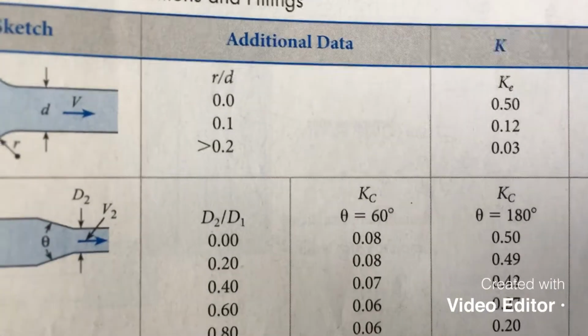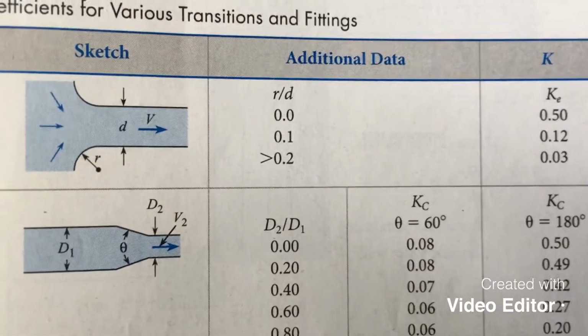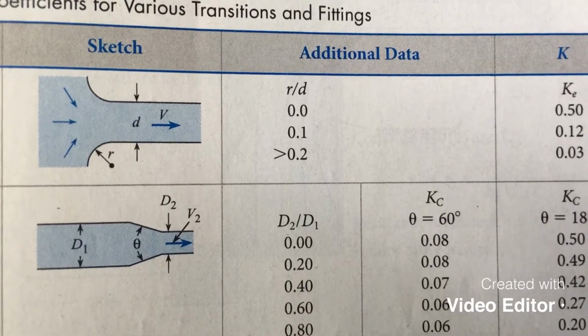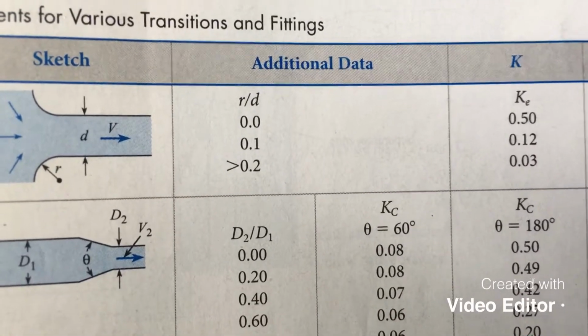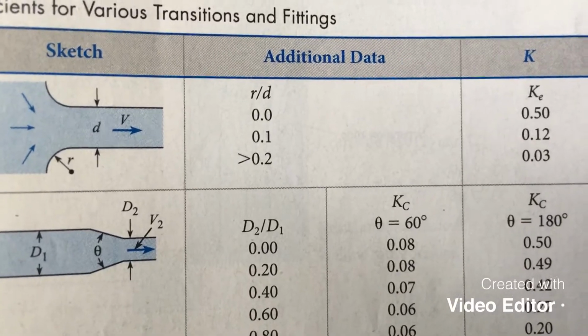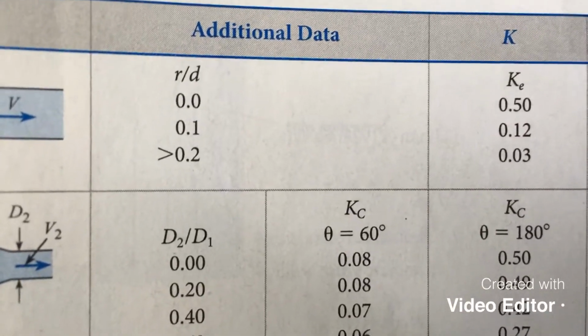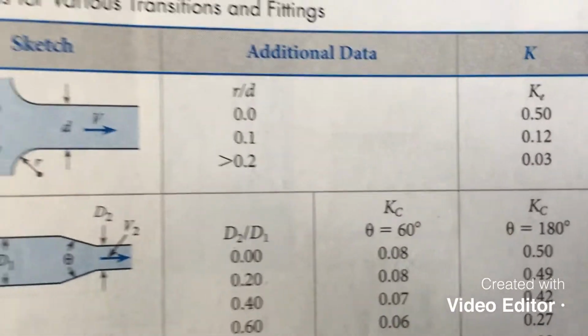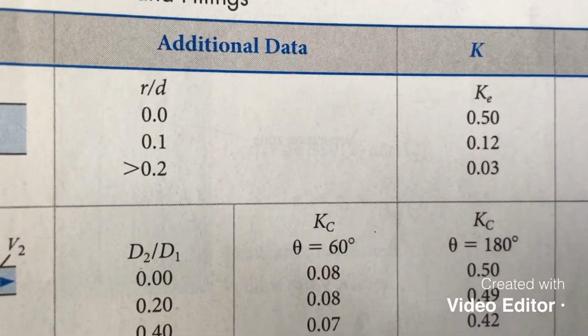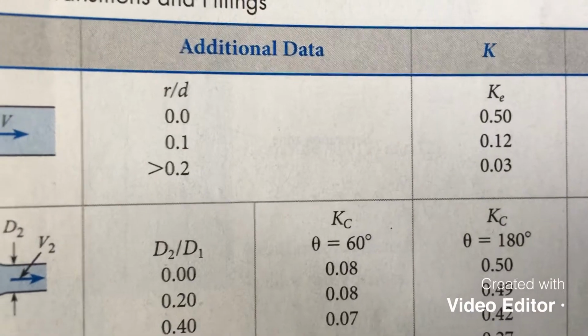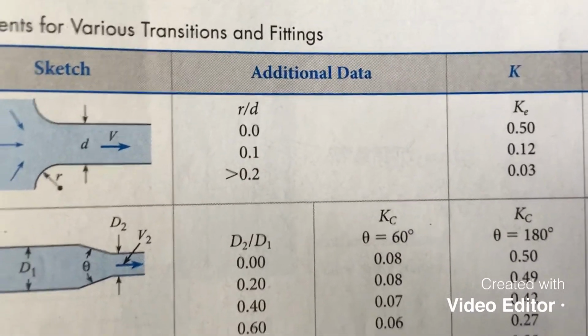The K will be the biggest, 0.5. Then the greater the r is, that means more gradual curvature, more gradual entrance, the lower the K will be. When r over d is greater than 0.2, the K will be 0.03, very small, almost negligible.